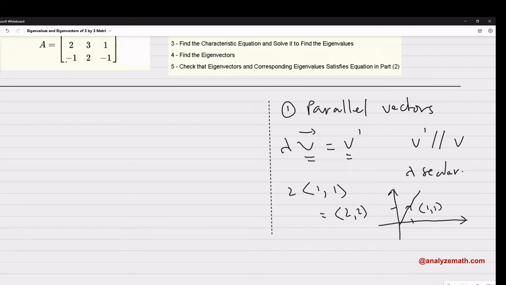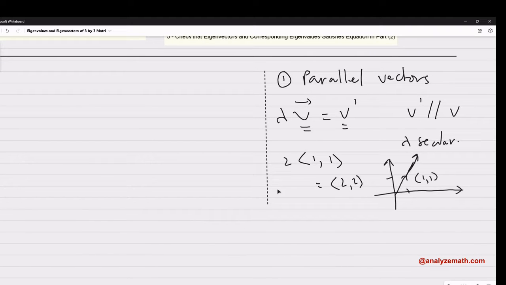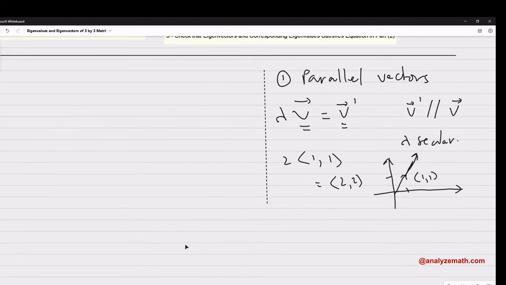Vector 2 2 will be somewhere here on the same line. Of course, if lambda is positive, the 2 vectors are parallel in the same direction. If lambda is negative, the 2 vectors are parallel in opposite direction. Now, let's put here the vector symbol of the vectors.